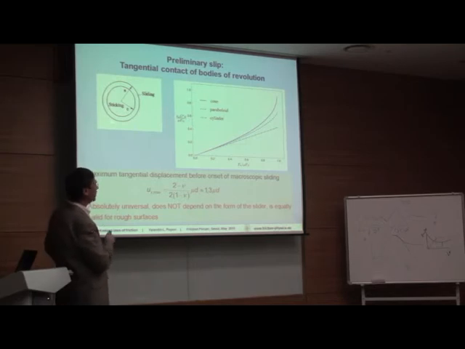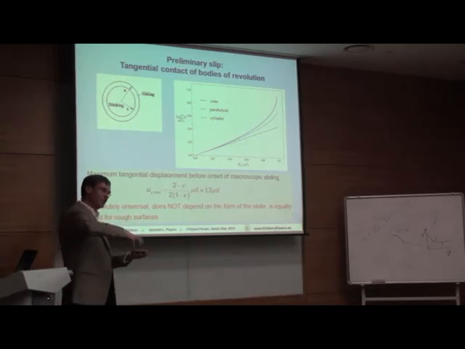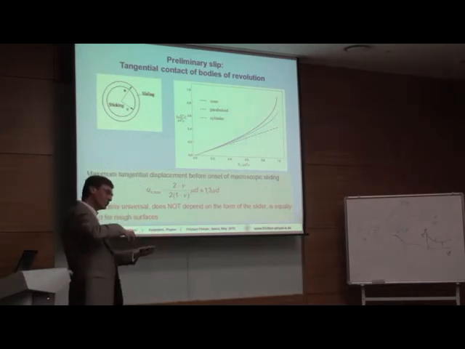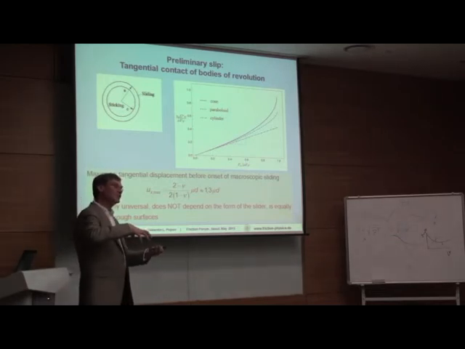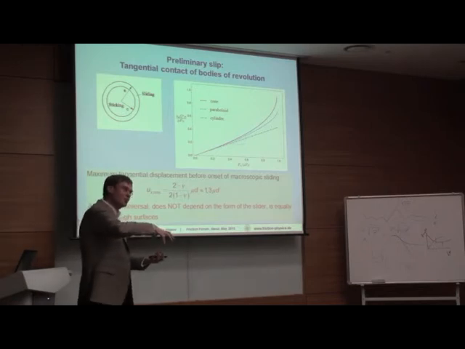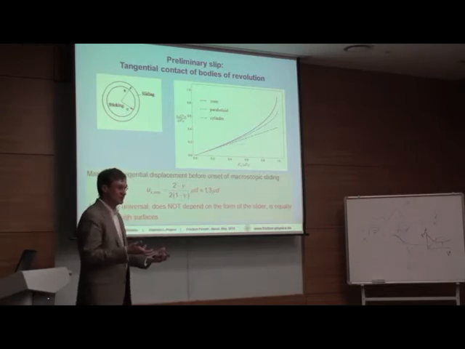So if you have just a parabolic contact, loaded, and some friction, assume now friction in the contact, and you load it, then first, even if there is no sliding at all, if you glue it, you still have some movement due to elasticity.